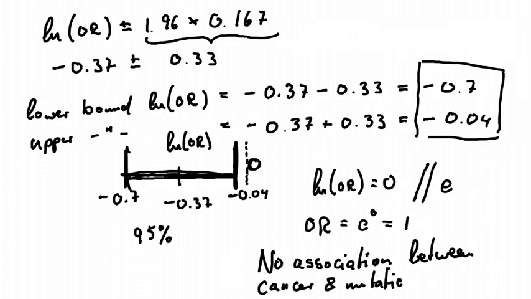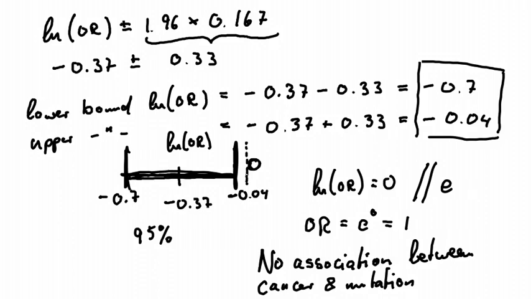It does not matter whether somebody has the mutation or not when it comes to the onset of cancer. But the confidence interval for the ln odds ratio does not include this case, so we can say there is actually an association.